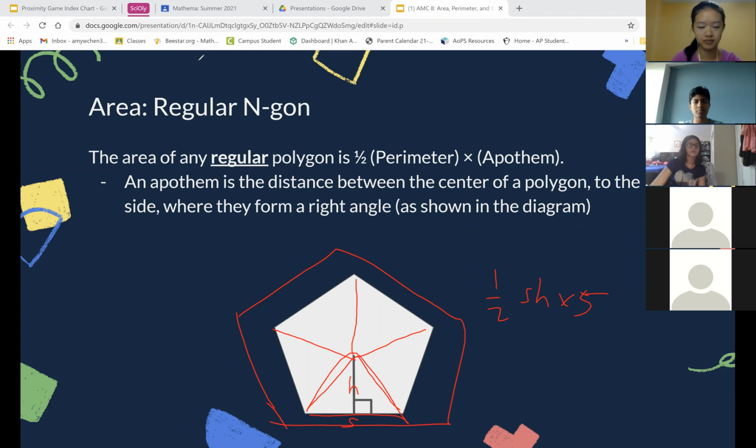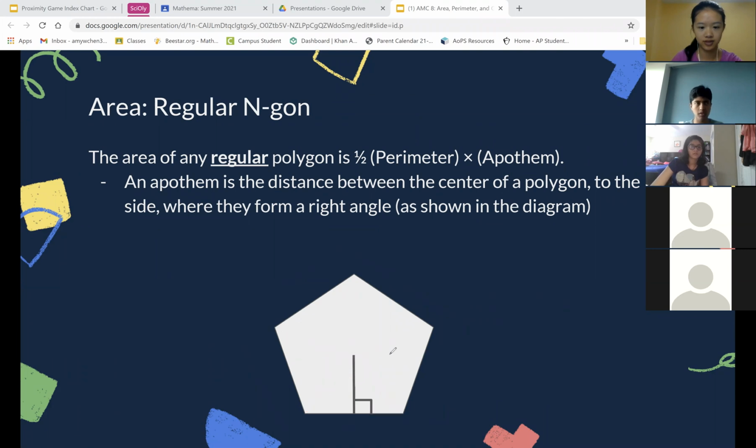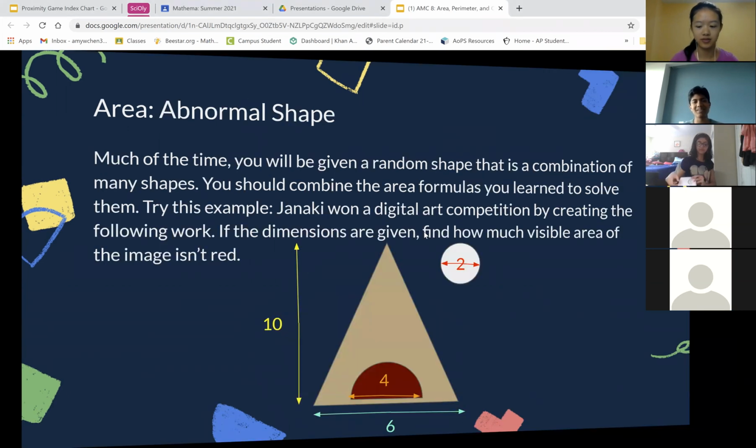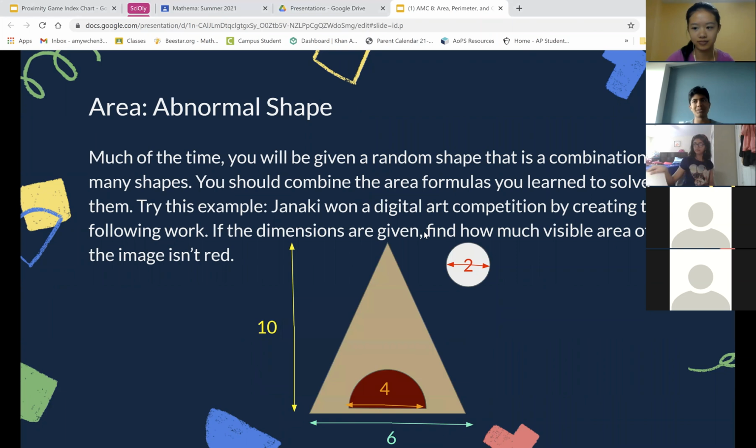Is there a way to find the apothem? Yes, you can use the Pythagorean theorem, but we'll learn that next class. For this, we'll usually give you the apothem length. And when you're older, you can use trig, but I don't think we should teach trig. Trig would be way too many questions.